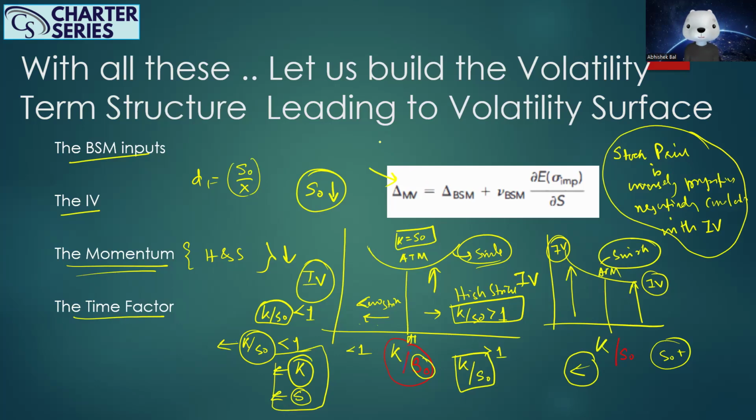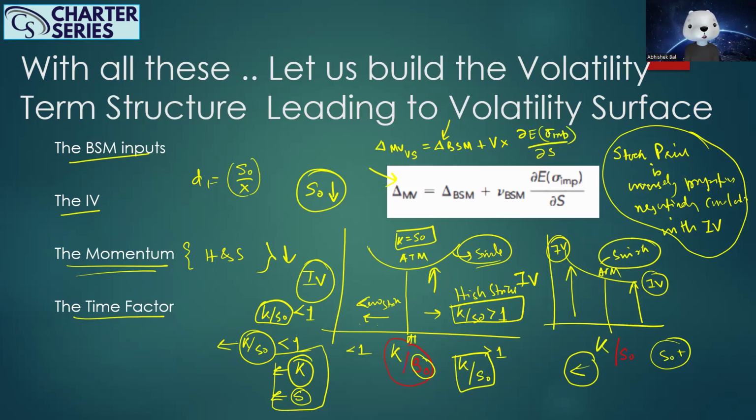So the delta for the minimum variance hedge ratio under the volatility smile or volatility smirk, which we can combine and call the volatility surface, is equal to the delta as calculated from the BSM model, plus there is going to be one more factor, and that factor is going to be the Vega factor times the partial differentiation of the implied volatility with respect to the changes in the underlying stock.